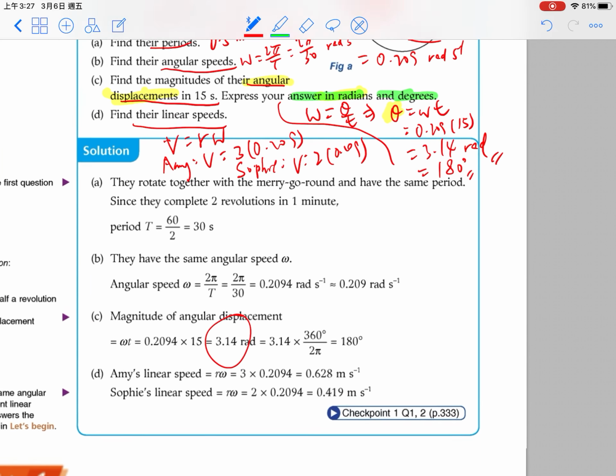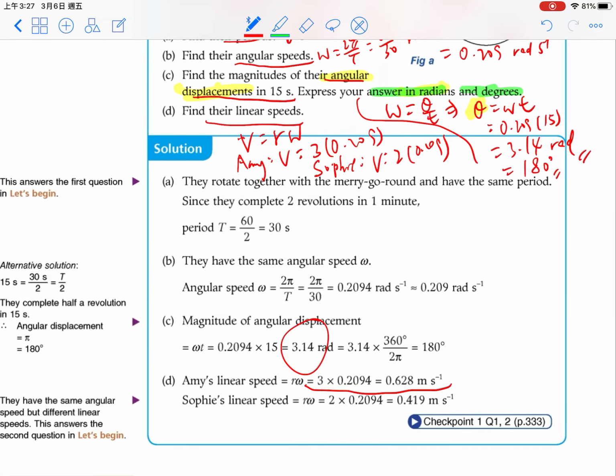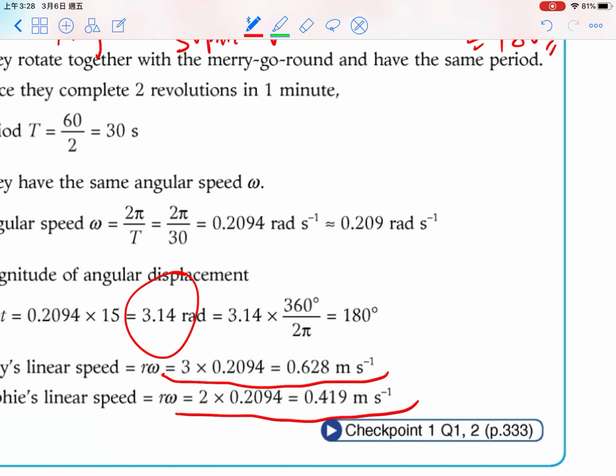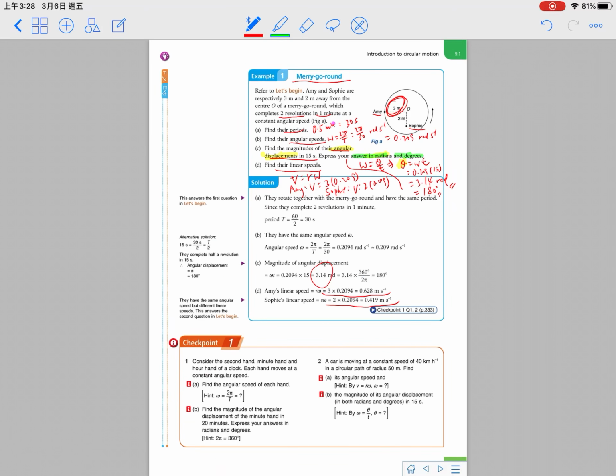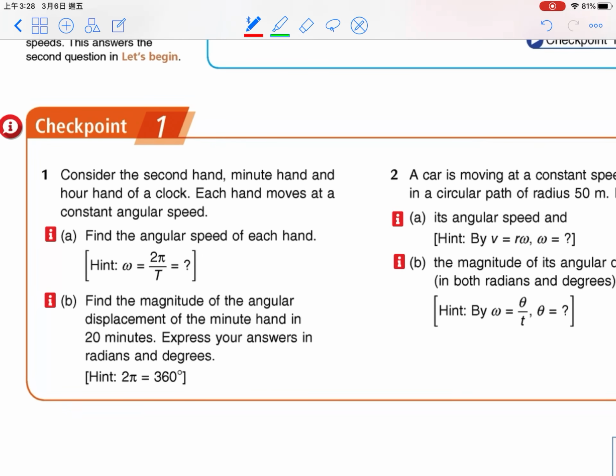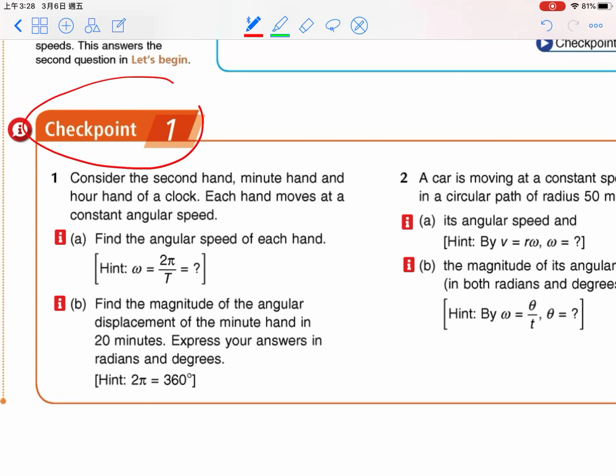Okay, that will be the answer. And for the linear speed, don't forget m s minus 1. Okay, this is example 1. And try question 1 by yourself. You will pause the video and I will tell you the answer.